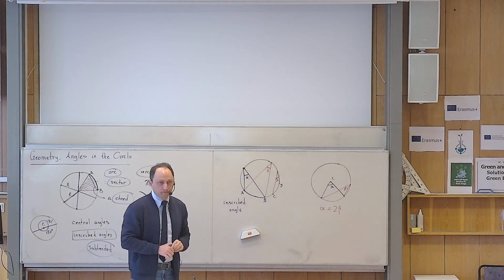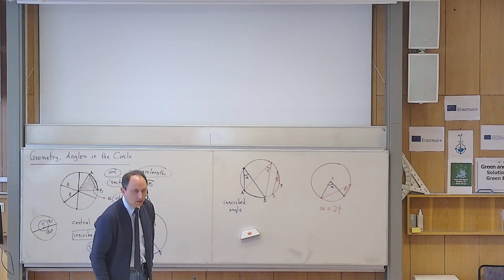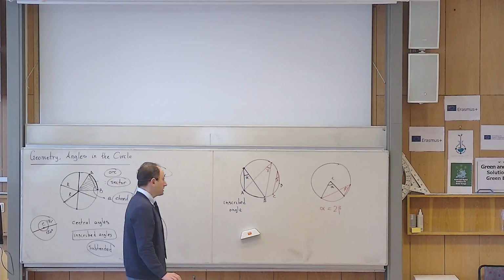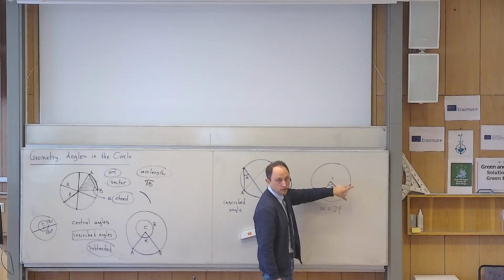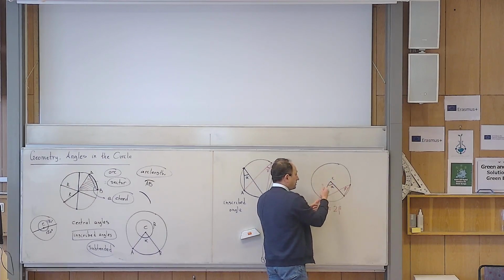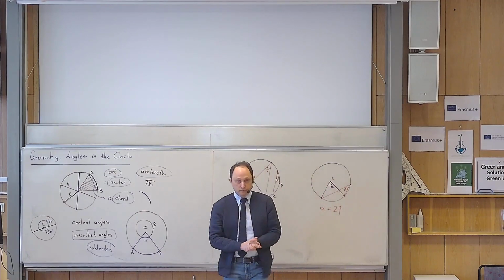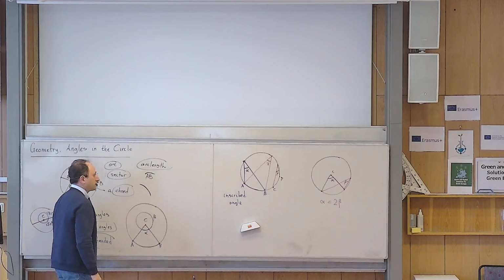Can a radius be called a chord as well? No. A radius cannot be a chord because a chord has 2 points on the circle. The radius has 1 point on the circle and 1 point on the center.